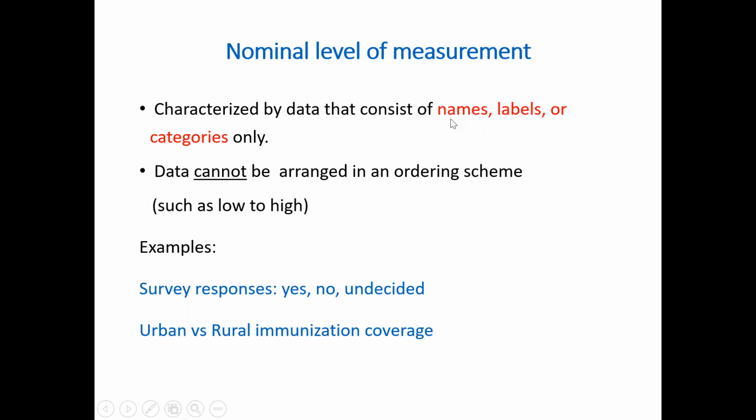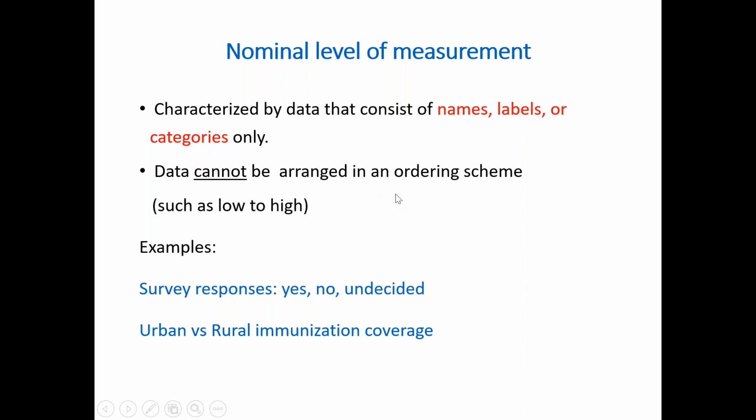I can name different cities, different villages, like Kolkata and Mumbai. So what is the difference in the sex ratio between Kolkata and Mumbai? The name is there, that is the city, and then in that city, how much is the proportion of the particular variable of interest. So that is what is nominal.